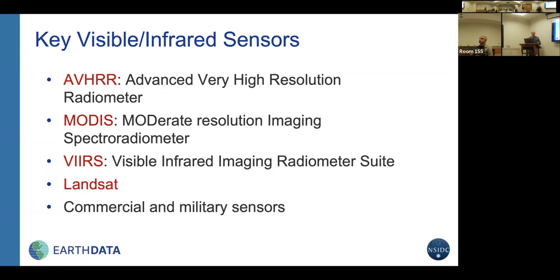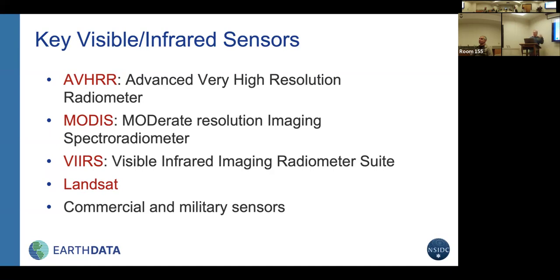MODIS, at moderate resolution, is much higher resolution spatially than the Advanced Very High Resolution. Ironically, that gives a little sense of the change in technology, I think. And then the most recent is the VIIRS suite, Visible Infrared Imaging Radiometer Suite.